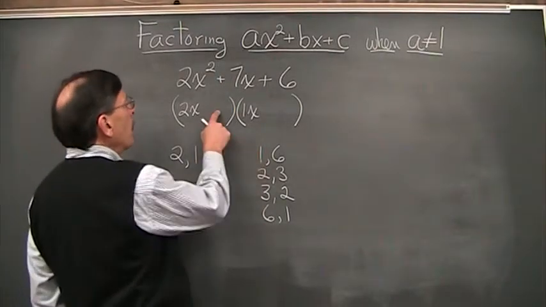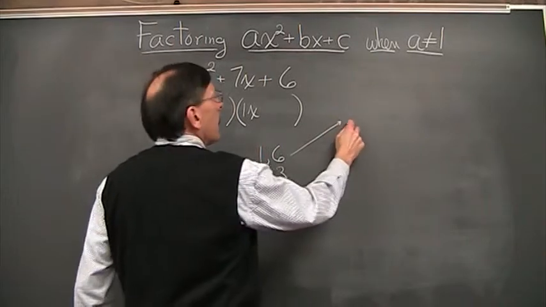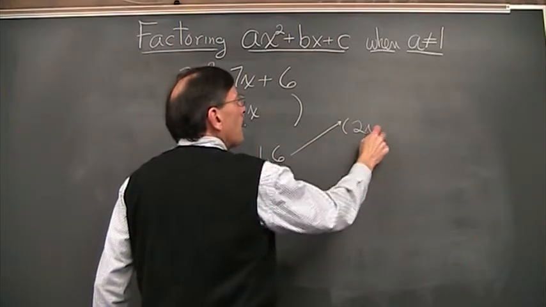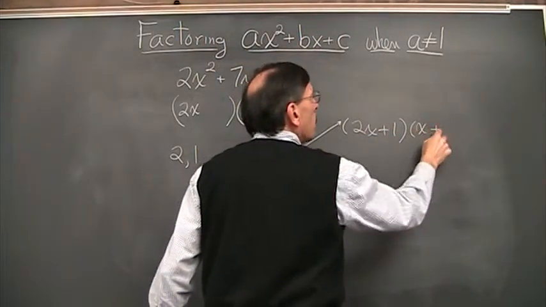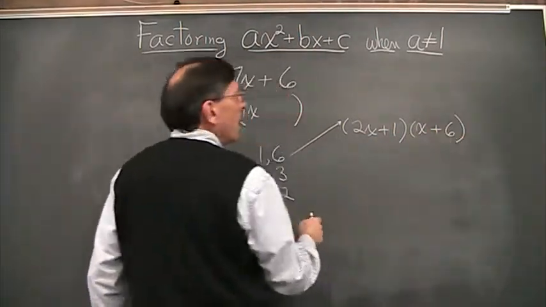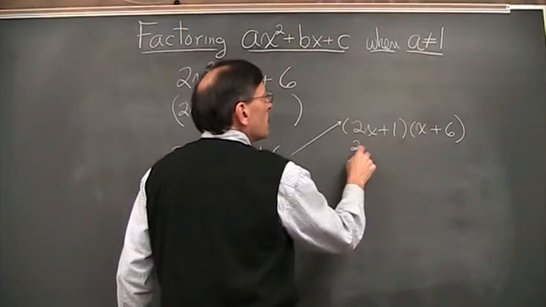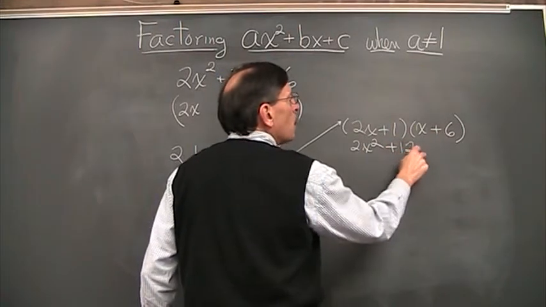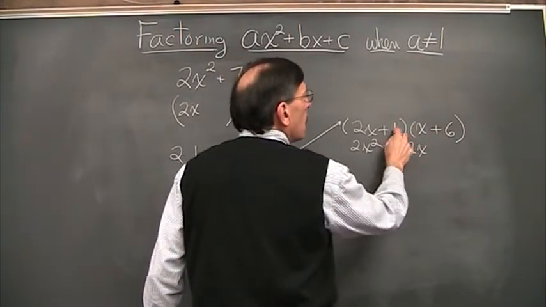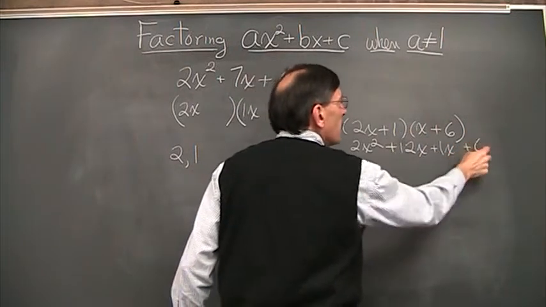I'm going to take the 1, put it here, the 6, put it here, and I have 2x plus 1, and I have x plus 6, and check by FOIL. 2x times x is 2x squared, 2x times 6 gives me 12x, the inner is 1x, and 1 times 6 gives me 6.